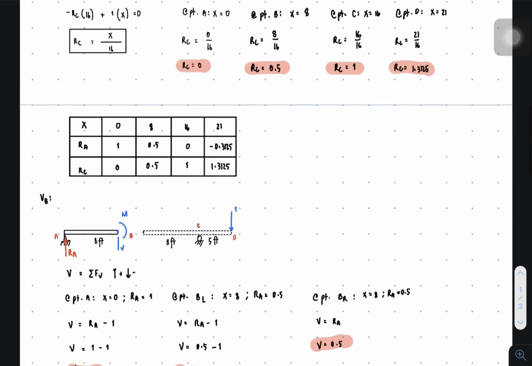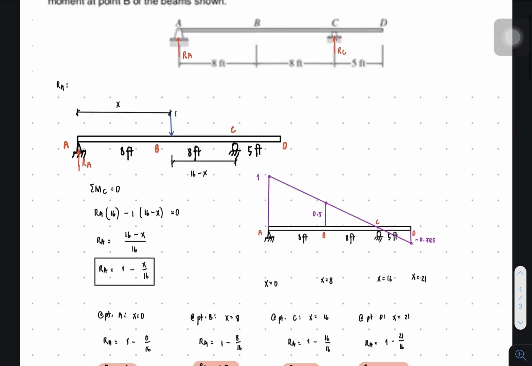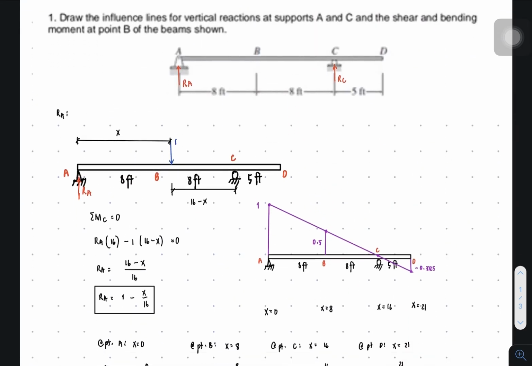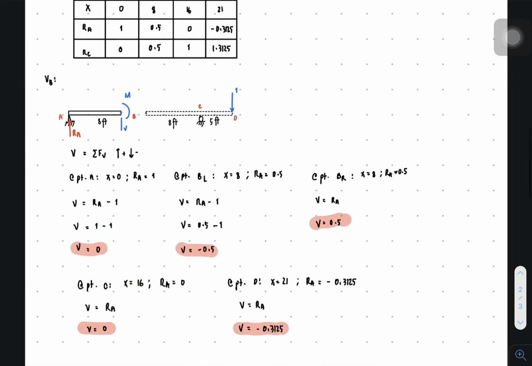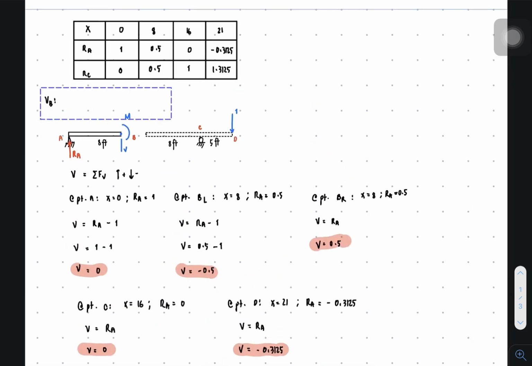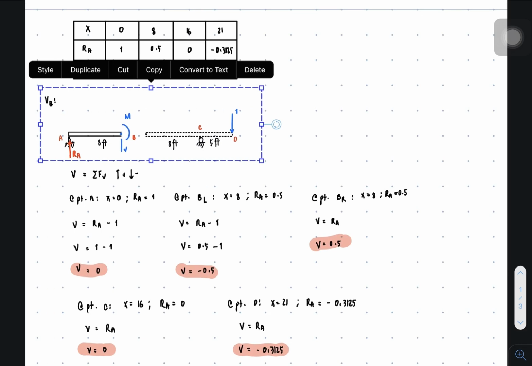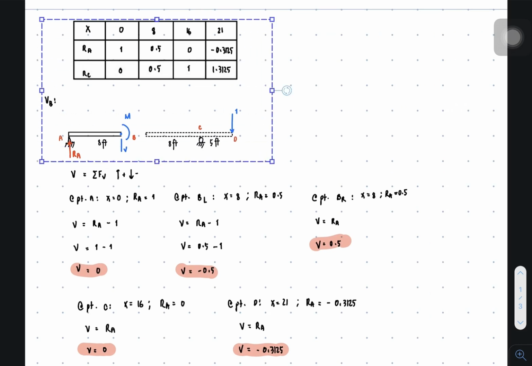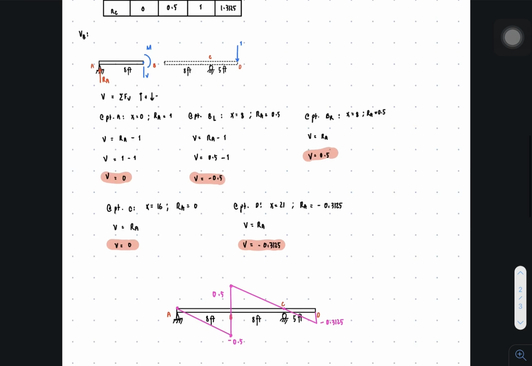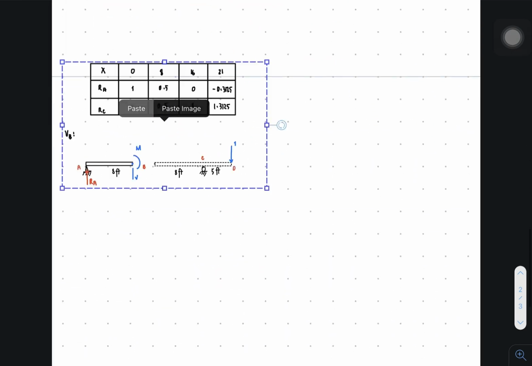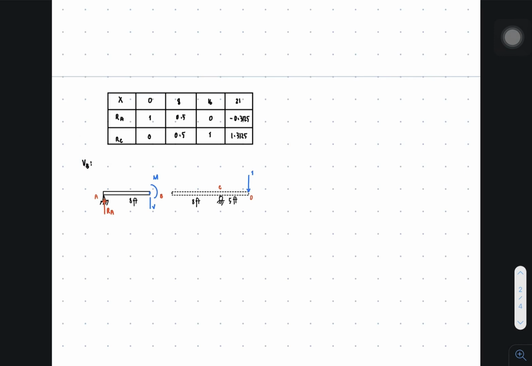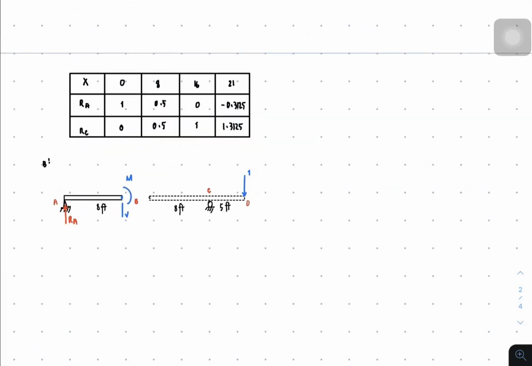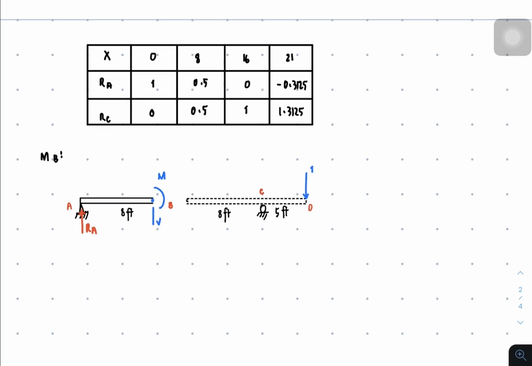Okay, let's proceed to the next influence line. The next question is the influence line of moment. Okay, the same way, actually we will be using this whole thing. So we're cutting again at point B, but we're solving now the moment at B. So instead of looking at this portion shear, ato na lang siyang i-remove.